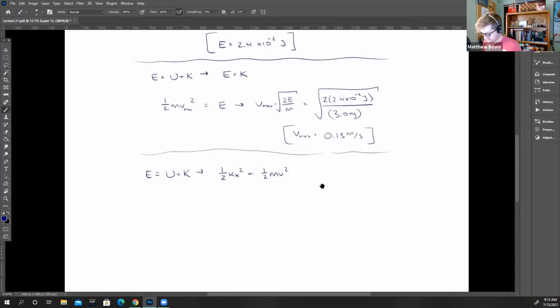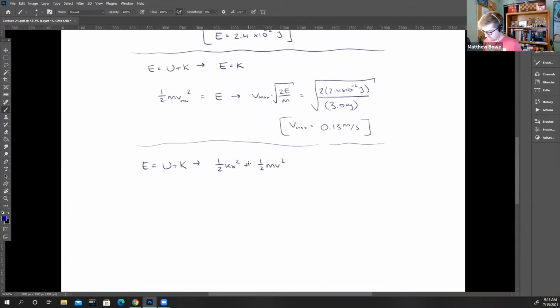This is actually a good start because it places in a position term, x, that we can solve for. We need to find the position at half of its maximum velocity.